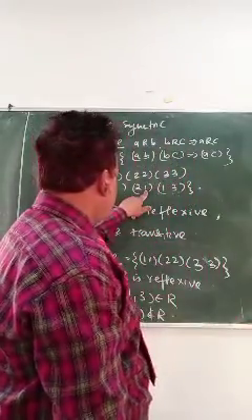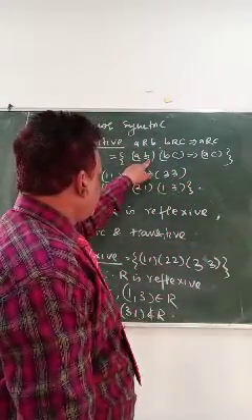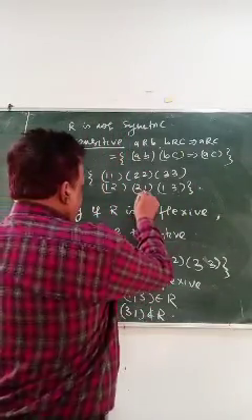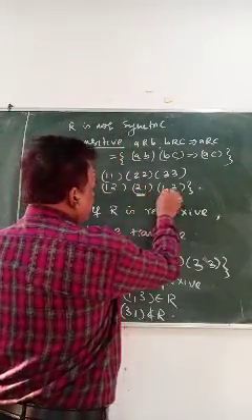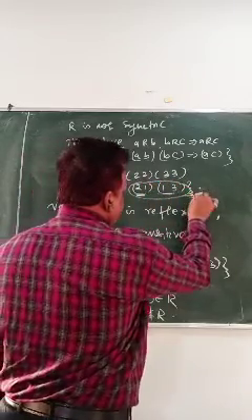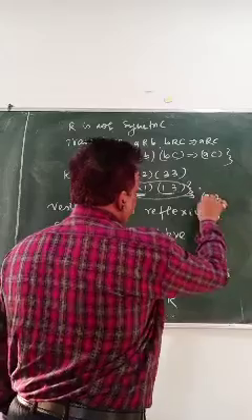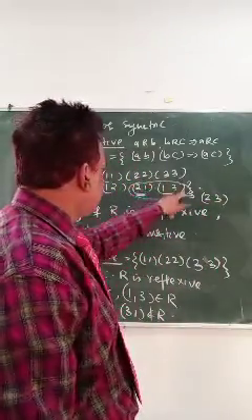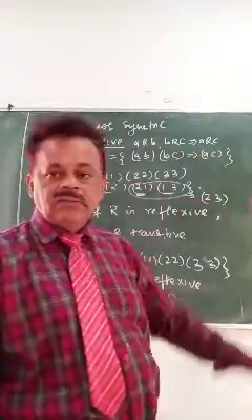That means (2,1) is present, AB, BC. So you can check here, AB, BC. These two give what? AC, means (2,3). (2,3) you never find here. That means also not transitive.